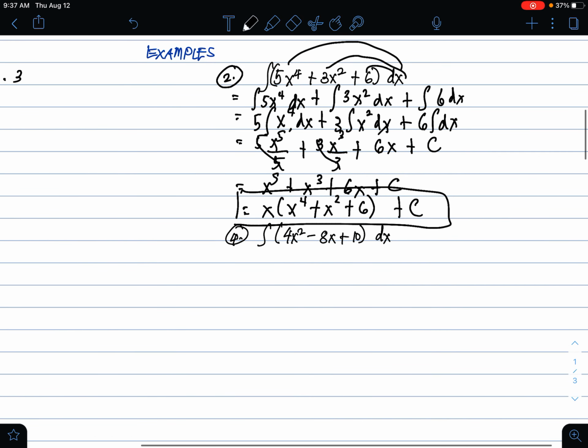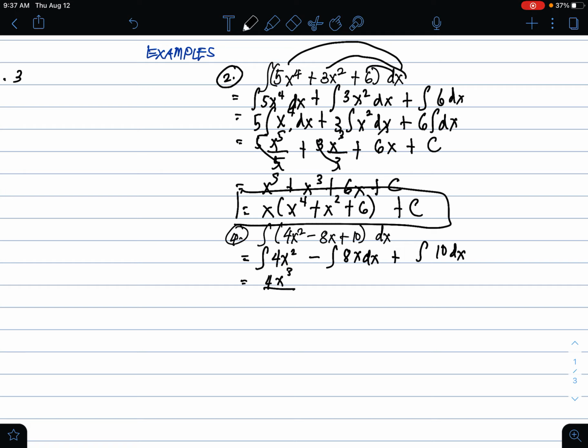Number 4. Same with number 2, separate. So therefore, this is 4x² minus 8x dx plus 10 dx. Therefore, that's 4x³ over 3.